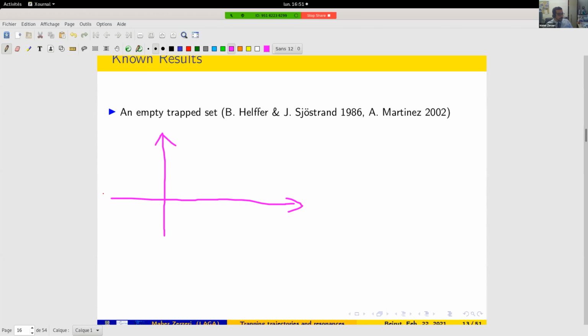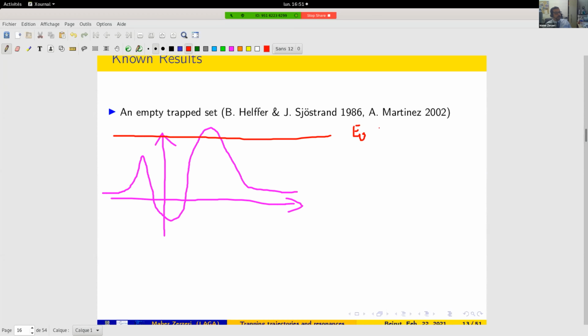Taking, for example, a potential like this, and we consider, for example, some energy here, E0. So essentially in this presentation, E0 is positive because we took the limit, or the essential limit, of our potential to be 0. If not, we can translate. And if we take this shape in the cotangent space, P minus E0.